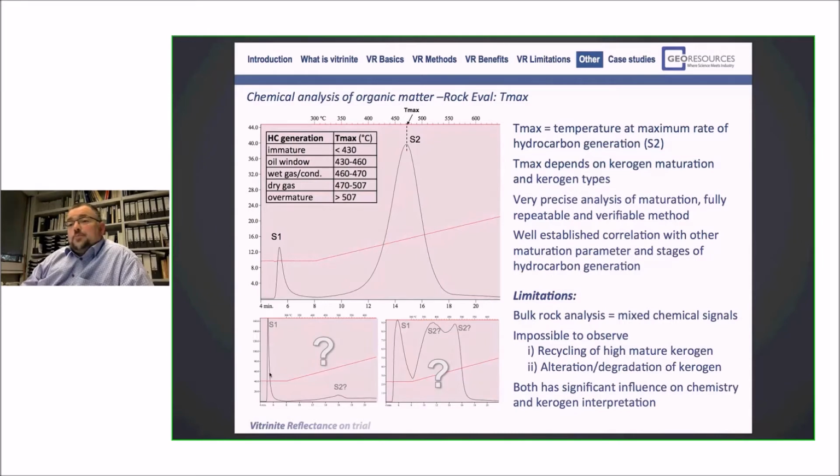And I can tell you these strange pyrolysis diagrams are not related to any contamination and artificial problems of the samples. This is purely related to strange mixes of kerogen in these samples that we afterwards analyzed in the optical kerogen analysis. So this sets a clear limitation to Tmax analysis, because we don't know exactly what is recycled, what is mixed, how the kerogen is composed that we analyze.